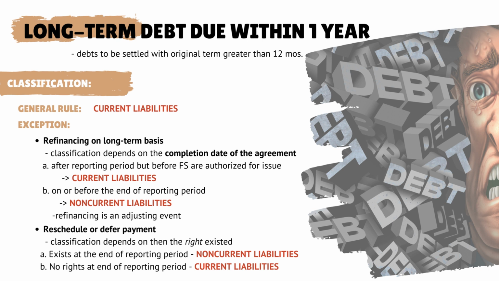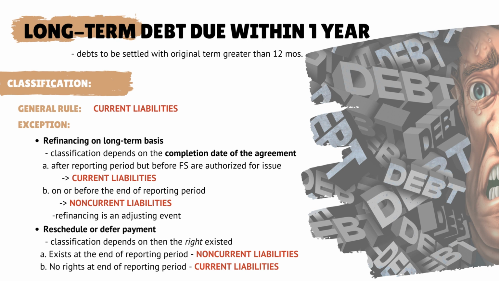Kung kanus kamo nagka-agree nga i-refinance ninyo ang long-term debt. Okay? So first, letter A. If na-complete ang agreement after the reporting period but before the financial statements are authorized for issue.